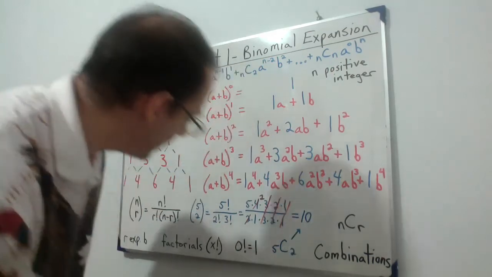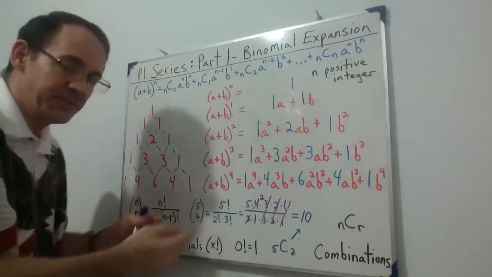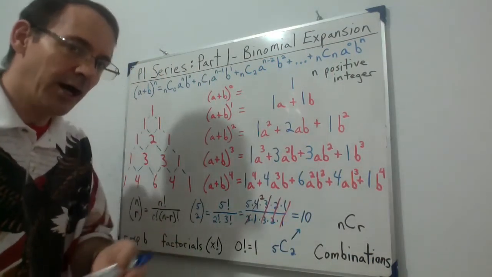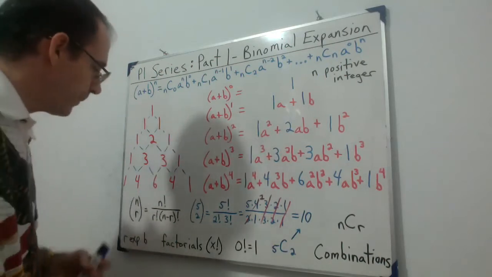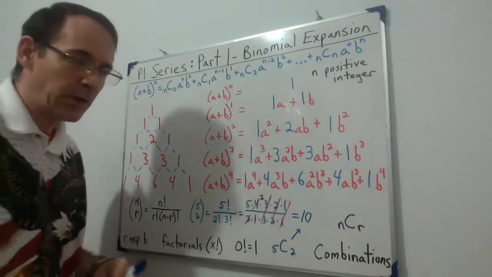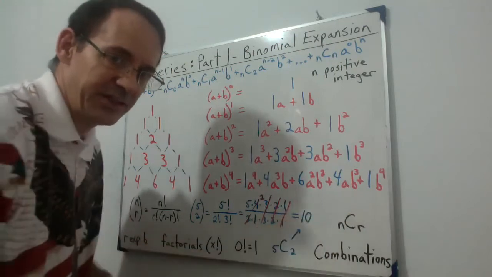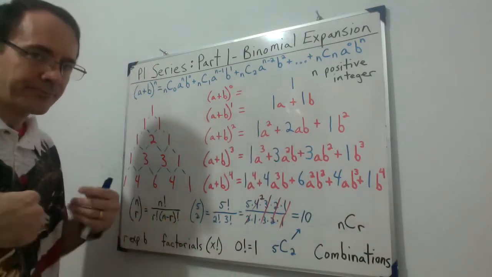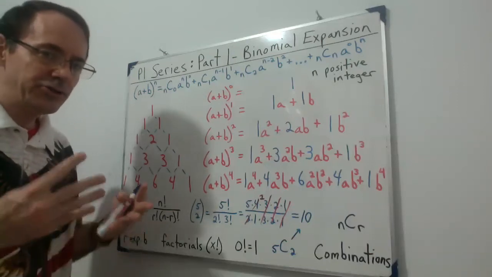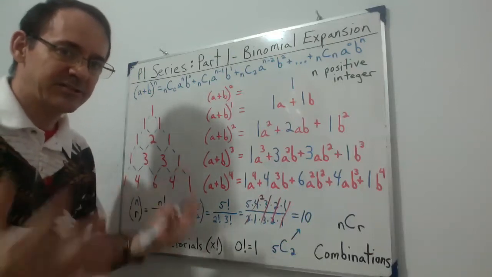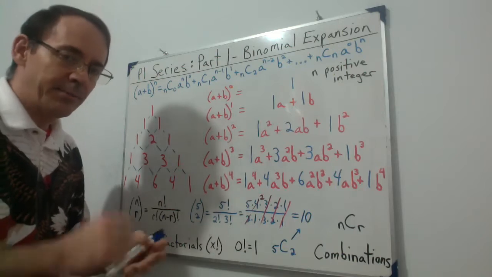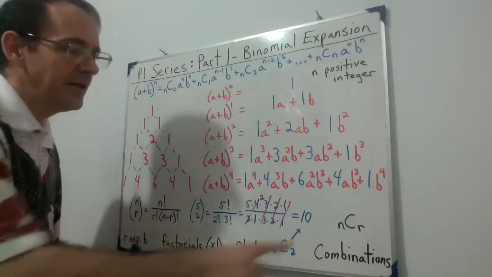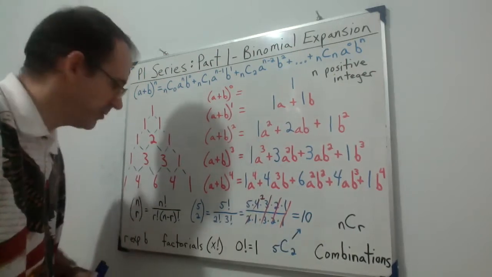So you can actually do this in factorials on your calculator. But the faster way is to do it with this NCR key. So I'm introducing this to you because you should at least be exposed to factorials. But when it comes to our skill, we're going to do it through this faster method.